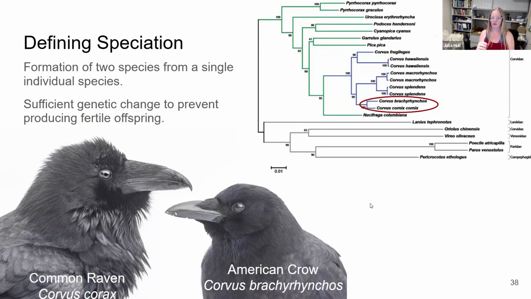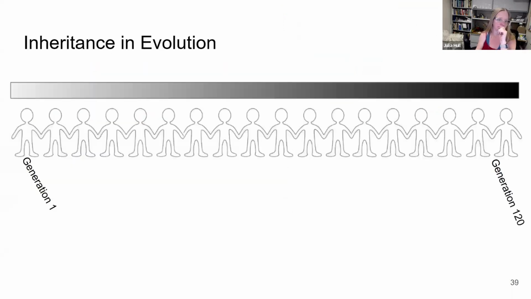Okay, and so there must have been, right? When this common ancestor was still alive, there had to have been a divergence in the evolutionary pressures for these different traits for these two species to arise from that common ancestor.